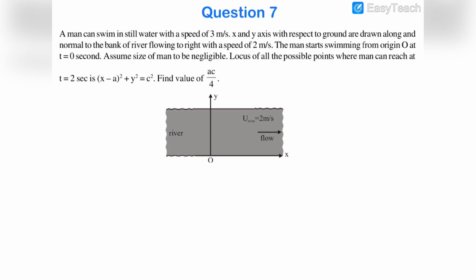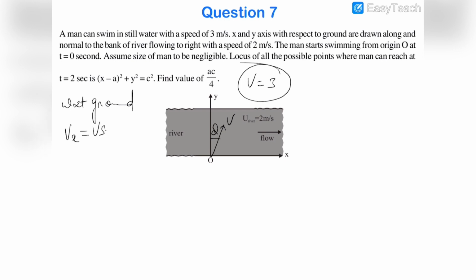So let us analyze the situation. Let us suppose that this man moves with a speed of v at some angle theta. So obviously v is equal to 3, and this is the velocity of the man with respect to the river. Now with respect to the ground, the velocity of the man in the x direction is v sine theta plus the velocity of the river, which is 2.